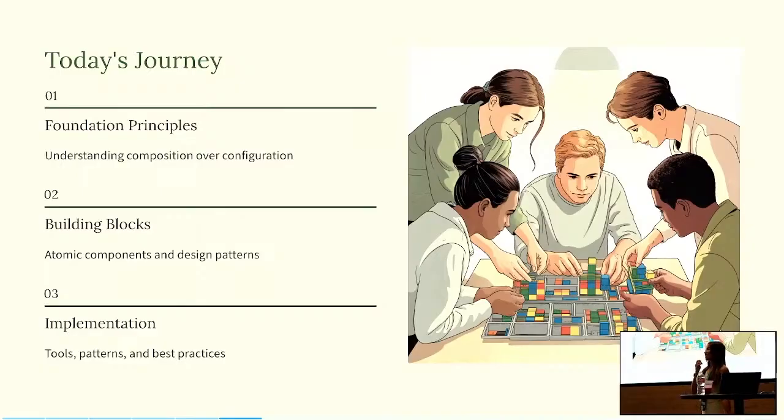And this is just a small example, but if you look at the devices and the apps that you use, you can see how complex things can really get. And three, I'll talk about our implementation, the tools and patterns and best practices that we have found useful. And yeah, so let's get into it.